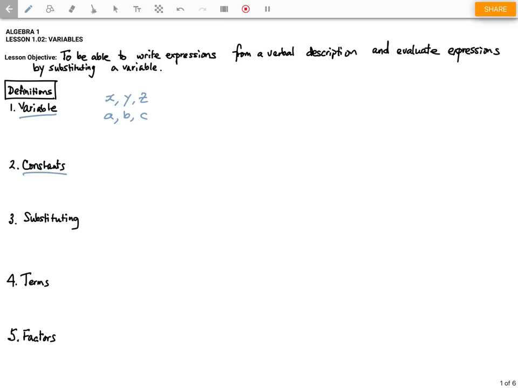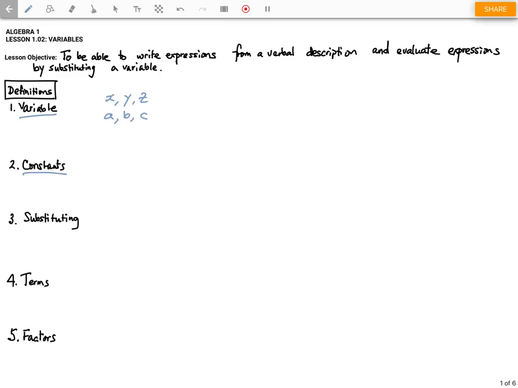Now, let's talk about constants. What is a constant? To evaluate an expression containing a variable, such as an X, Y, or Z, you must be told what value to use for the variable. Then you substitute that number for the variable and evaluate the expression as before.